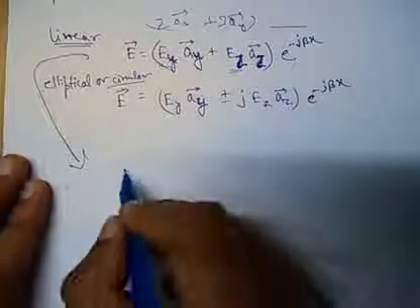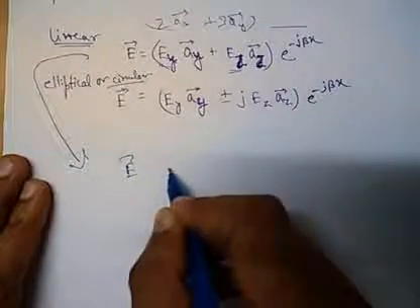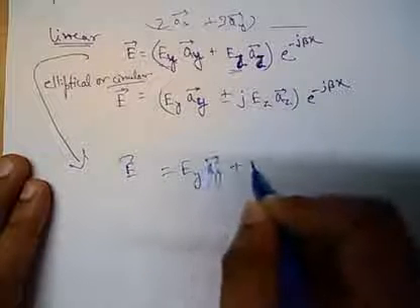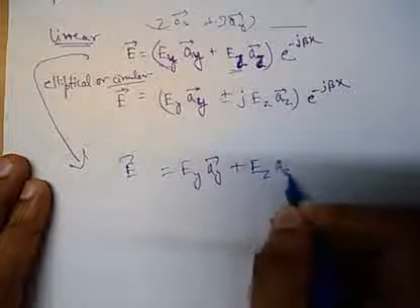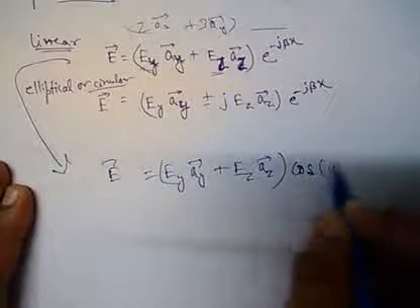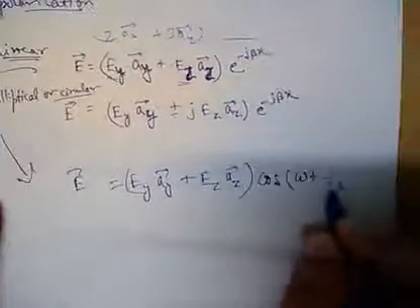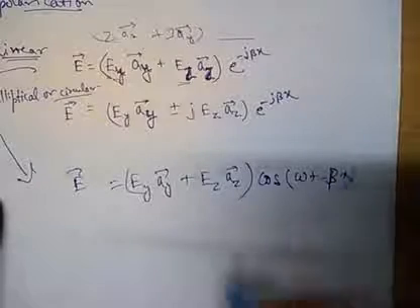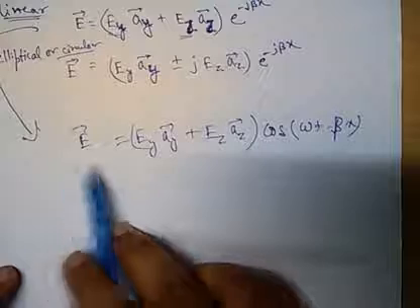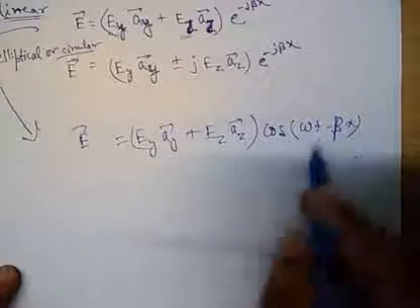When we write it in time domain form, how can we write it? Vector E equals (Ey vector Ay plus Ez vector Az) cos(omega t minus beta x). So here we can see that the electric field is now written with time.